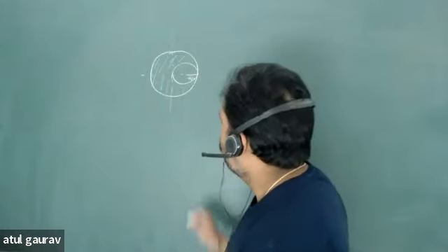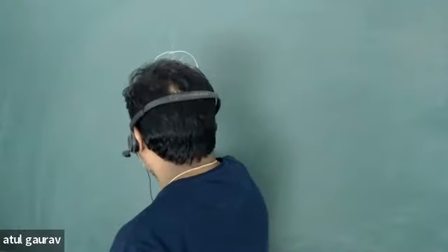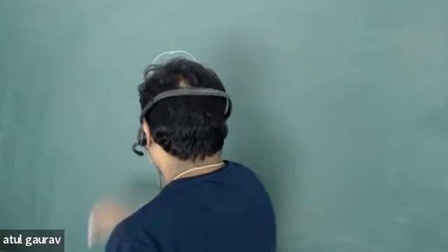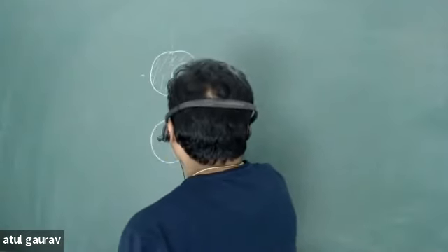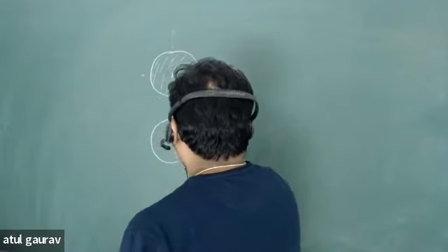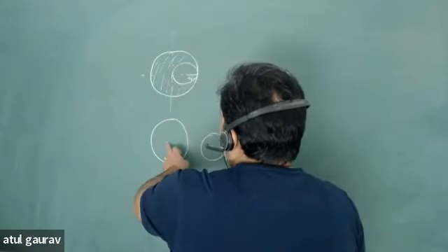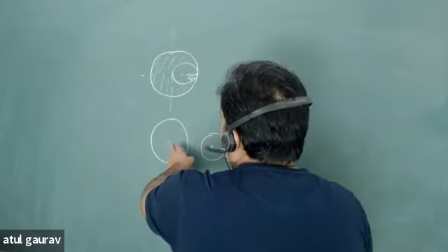So what we will do, we will assume there are two masses. Suppose one is a circular disk, and there is another circular disk. You can assume something like this. So what will be the center of mass? Where is the center of mass of this particular disk?